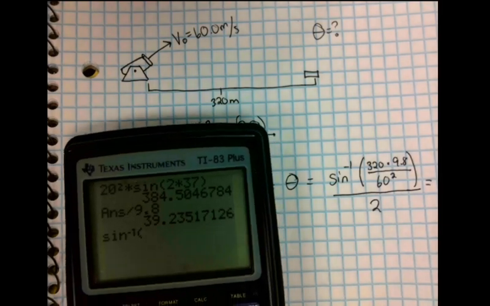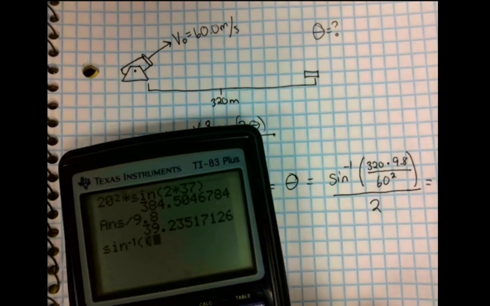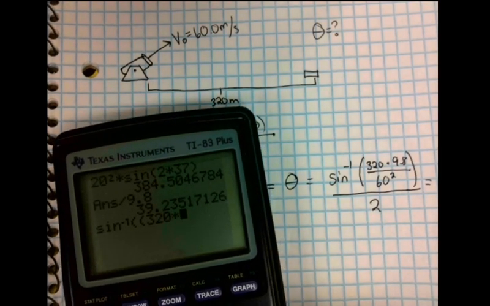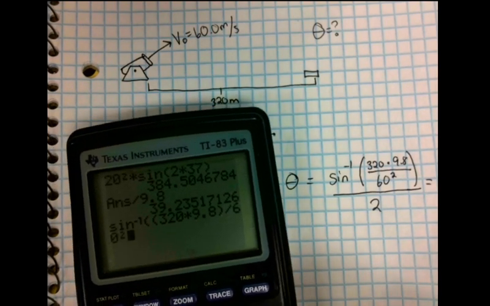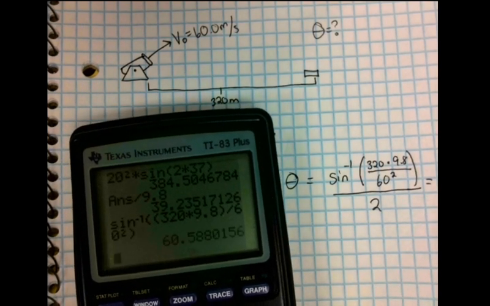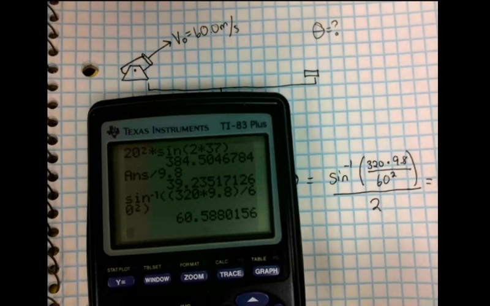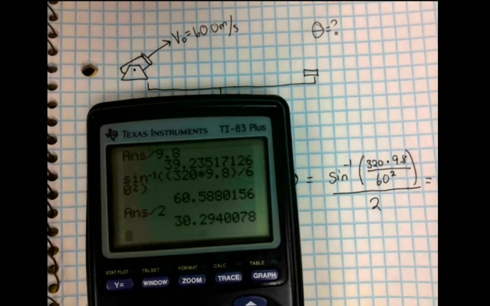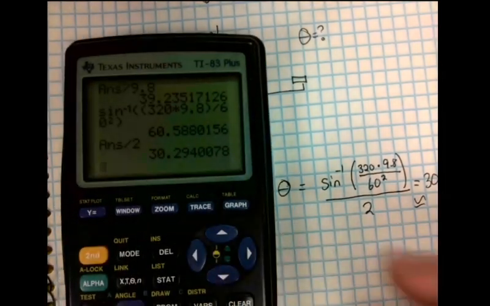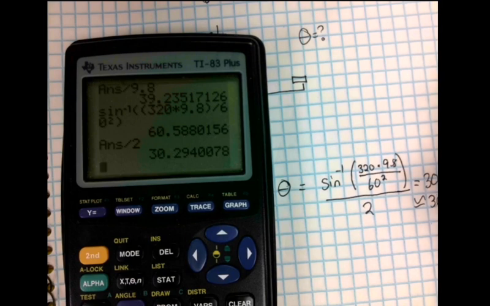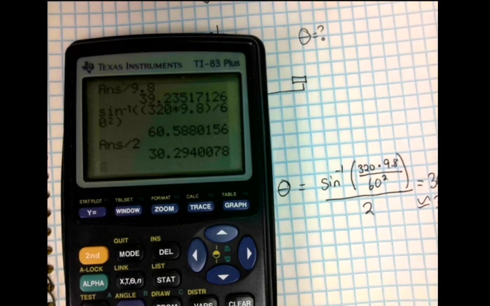So sine to the negative 1 of 320 times 9.8, in parentheses, divided by 60 squared, close parenthesis, I get 60.588. Divide that by 2, I'm going to get 30.29, or because my values all had 3 sig figs, we'll do 30.3 degrees.